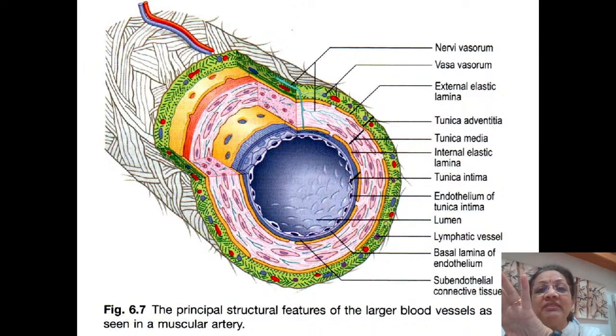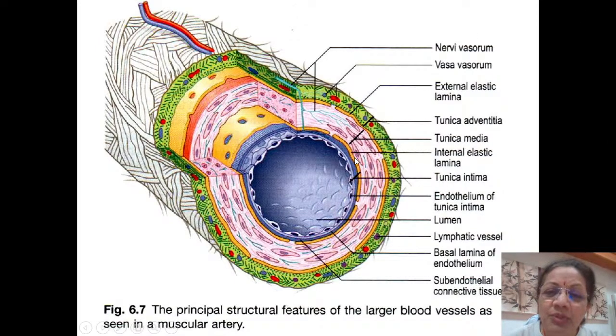That arteriole will develop a media and a little bit of an adventitia. 5-6 arterioles together are coming from one big artery. That will have all the 3 layers very well laid out like in this diagram. So the essential structure of the tube is the same. Depending on its dimension and caliber, the emphasis of the external layers increases. Right? So we will look at that in the next slide.